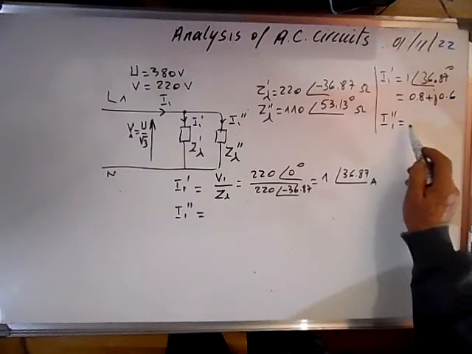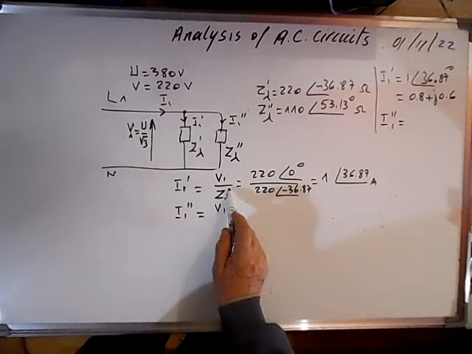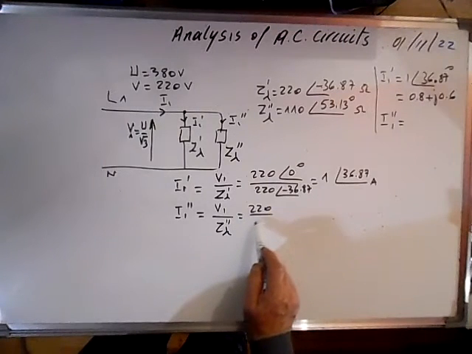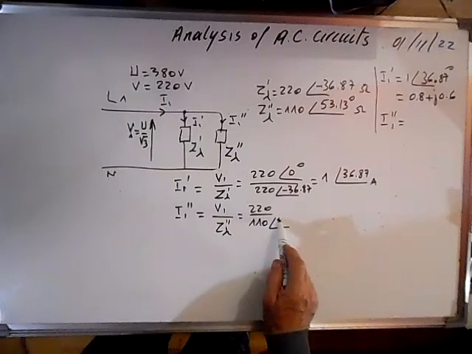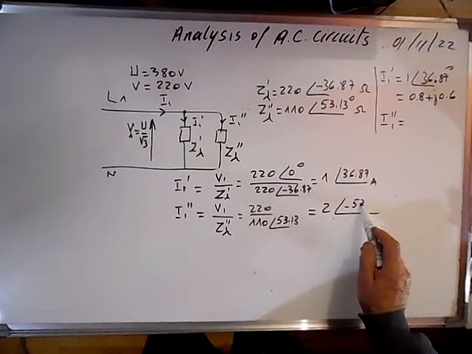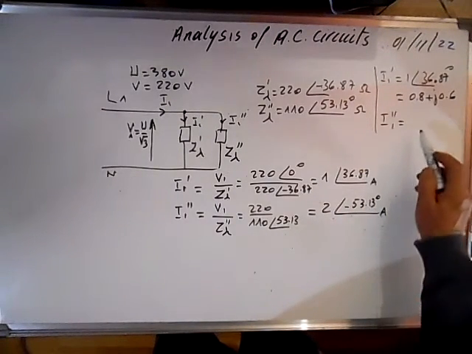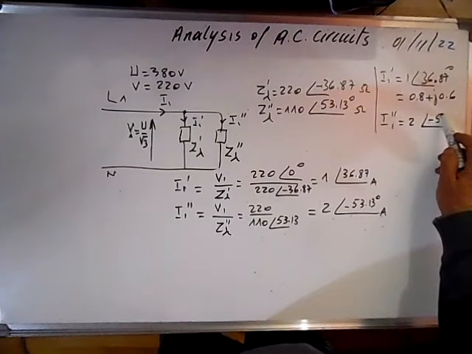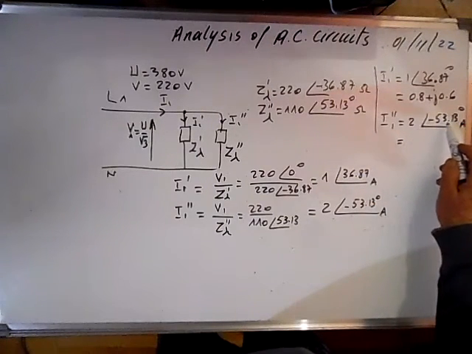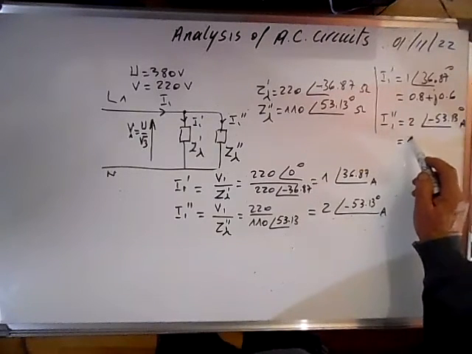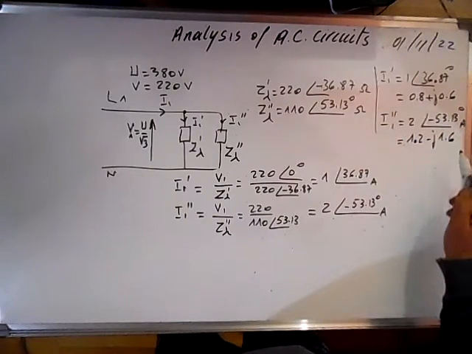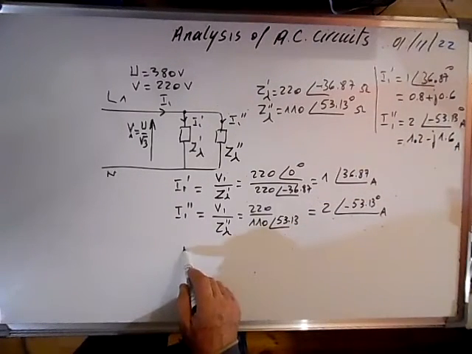I1 second prime, this is V1 over Z2 prime, 220 over 110, 53.13, this will give us a current of 2 minus 53.13 degrees, and in algebraic form 2 times cosine 53.06, 1.2 minus j1.6 amps, and we calculate the main current.